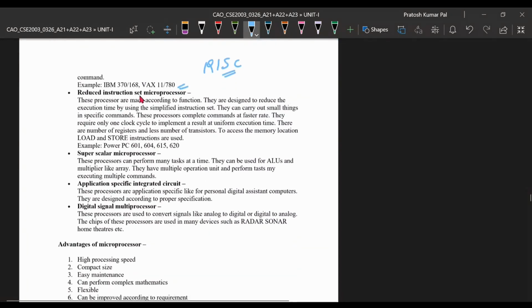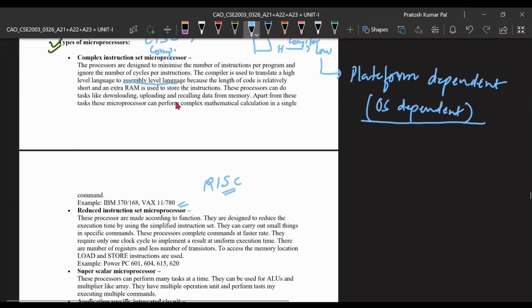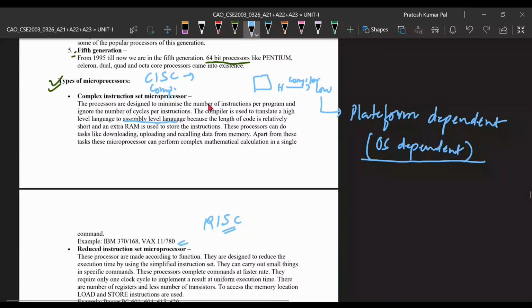But in the case of reduced instructions, these processors are designed to reduce the execution time by using a simplified instruction set. Our main motive earlier was to reduce the number of instructions used in a program.